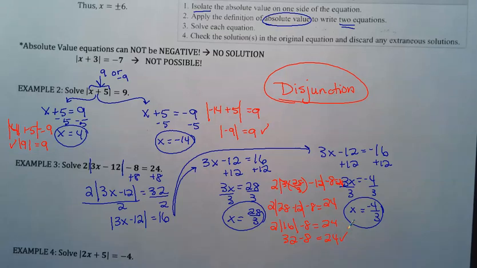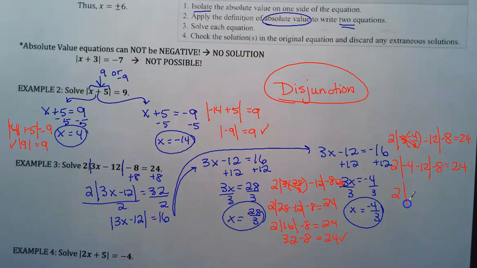On the next one, we're going to have 2 times the absolute value of 3 times our negative 4 thirds minus 12, minus 8 equals 24. So 2 times the absolute value, our 3's cancel. So negative 4 minus 12, absolute value, minus 8 equals 24.